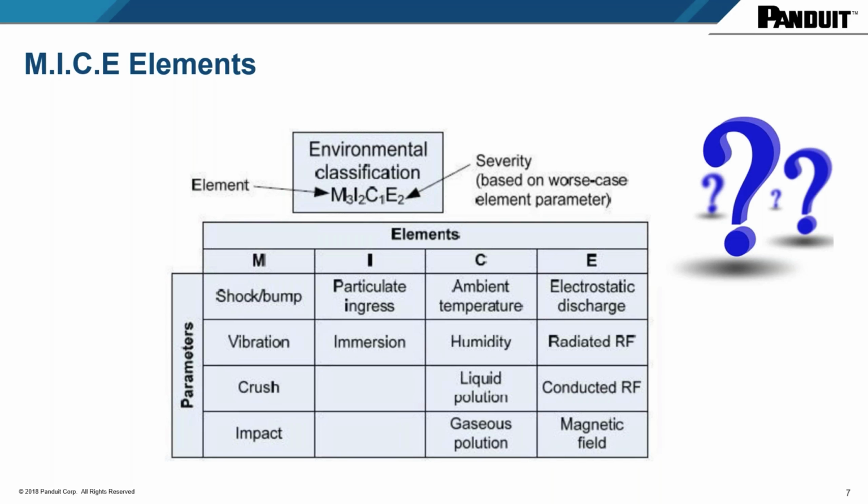There are some connection points in tanks, for instance, where a connector has to be immersed in water. And if that's the case, you still need your communication to pass from the edge point to its intended target. But that's an extreme environment that you need to be made aware of.